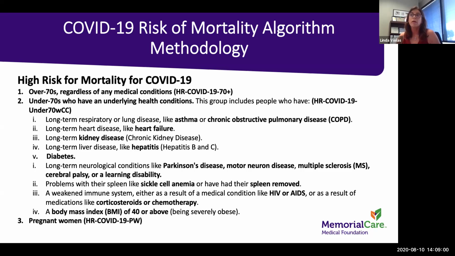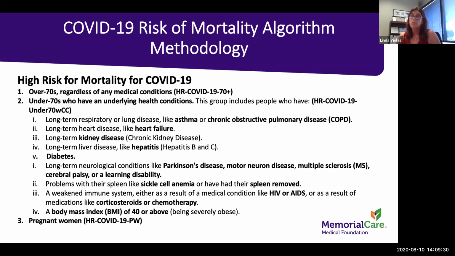Once again, chronic kidney disease, and then long-term liver disease, hepatitis B and C, and diabetes. This one, diabetes, will put you in a bracket almost any time. And once again, these can be younger people that have these ailments, juvenile onset diabetic, etc. Long-term neurological conditions like Parkinson's, motor neuron disease, multiple sclerosis, cerebral palsy, and even a learning disability could put you in this high bracket.